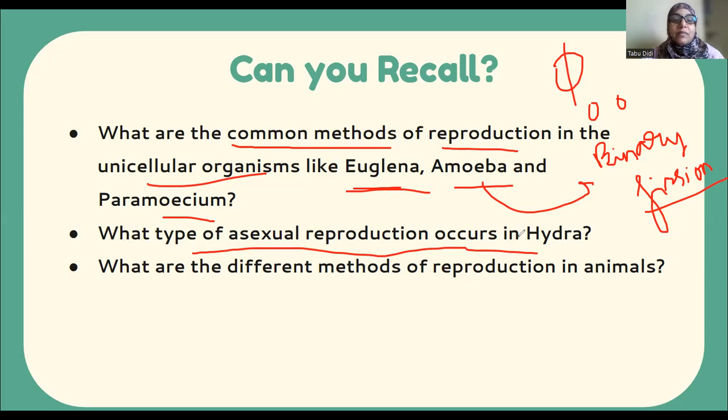Pause the video for half a minute and just try to recollect. And then here you go. Hydra shows asexual reproduction, because there are certain animals which will reproduce asexually, that is only one parent will be involved. So Hydra is among them, and they will reproduce by budding. For example, you have yeast also.